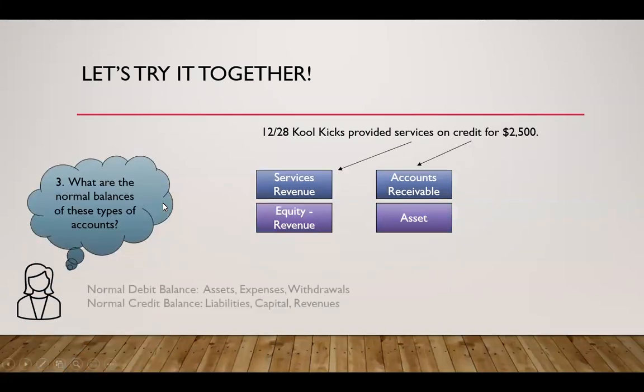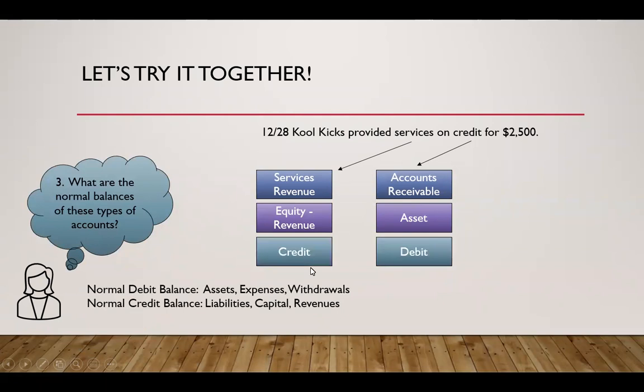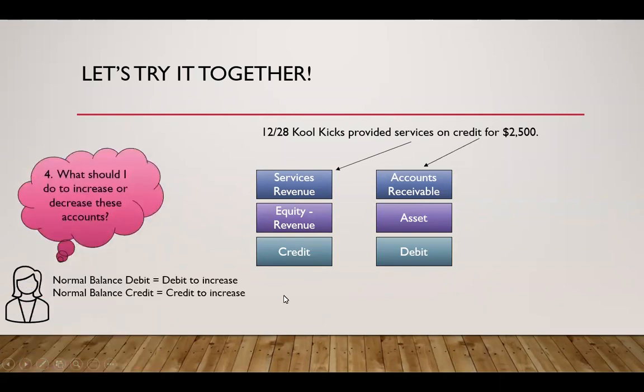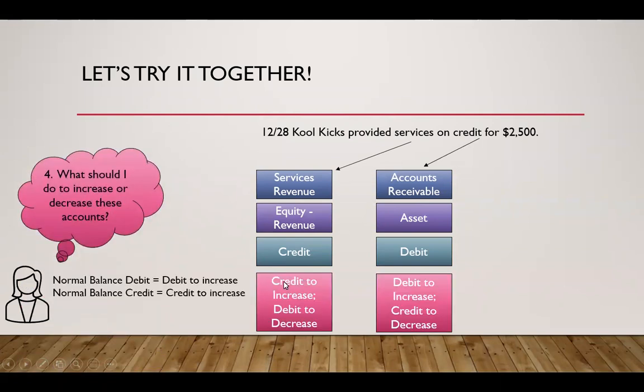Now, at this point, it should start to sink in that the normal balance of any asset is debit. That means we use a debit to increase, a credit to decrease. Equity, specifically revenue, has a normal credit balance. That means we use a credit to increase and a debit to decrease, which of course answers question 4. As you get familiar with analyzing transactions and going through these steps, what you'll find is that you will be able to skip certain questions.